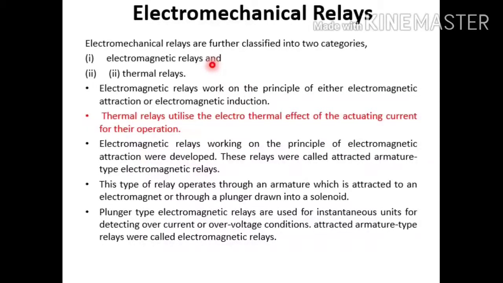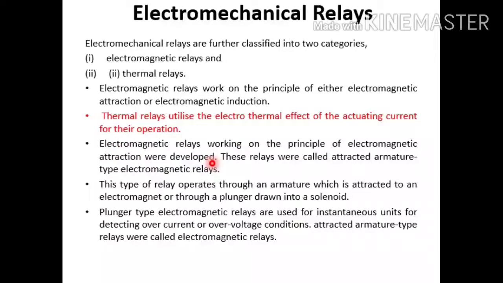Electromechanical relays are further classified into two categories. One is electromagnetic relay and the second one is thermal relay. The electromagnetic relay works on the principle of either electromagnetic attraction or electromagnetic induction. The electromagnetic relays working on the principle of electromagnetic attraction were developed first.